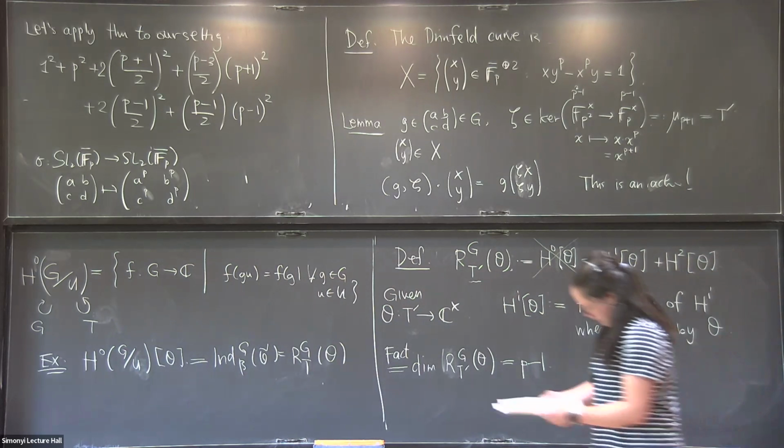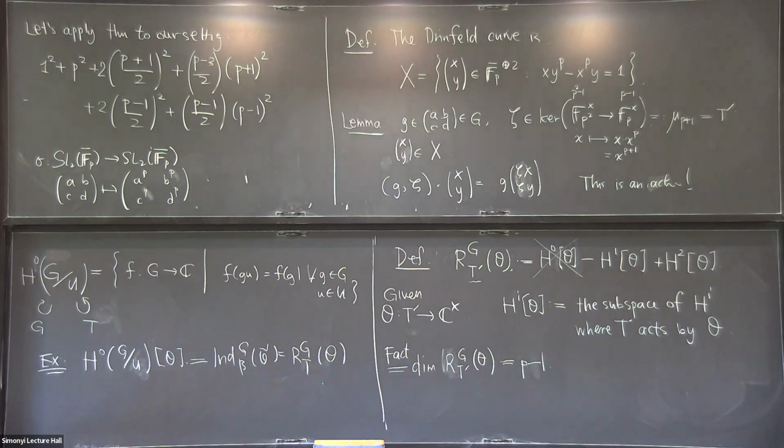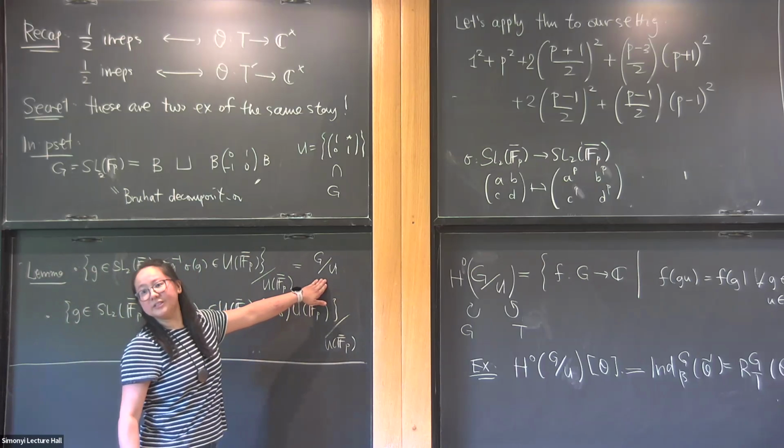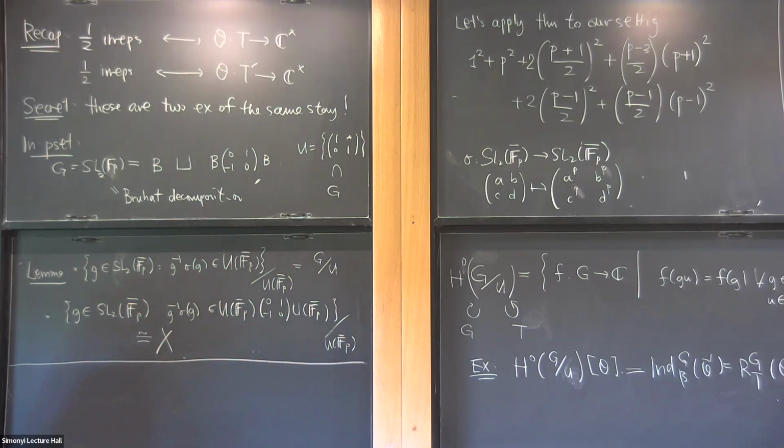And so what we say here is that X and G mod U are Deligne-Lusztig varieties for SL2(F_p).